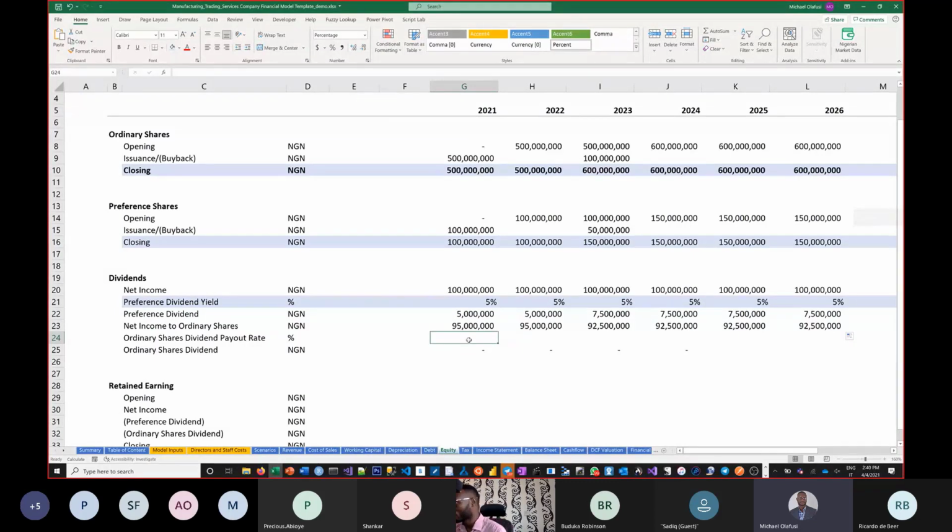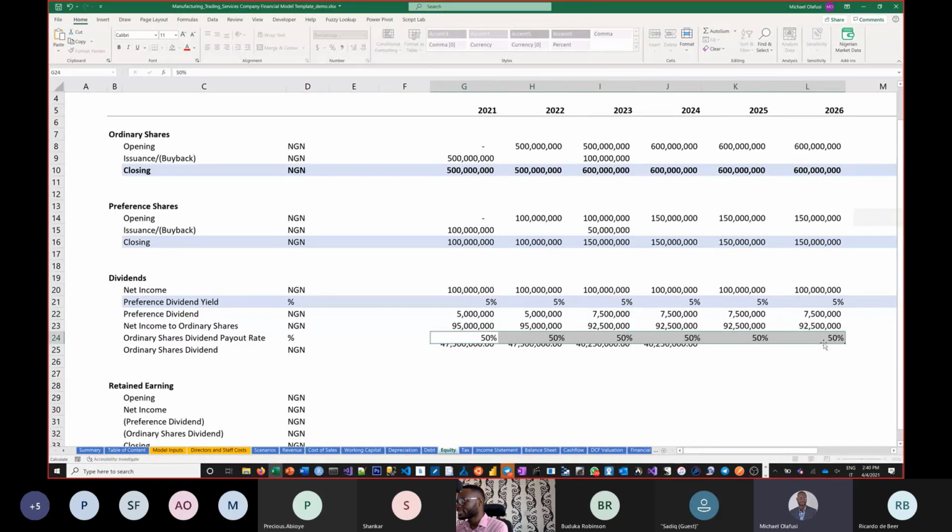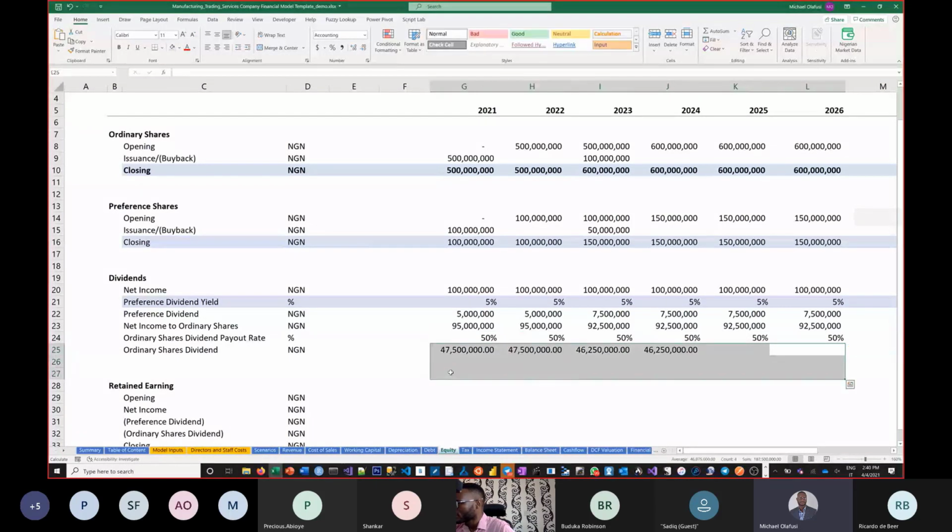So let's just say for ease of computation, the company has agreed to always pay half of their profit as dividend. You know what that means? 50% is what they have committed as their dividend payout rate. They will always pay half of the profit to the equity guys, right?